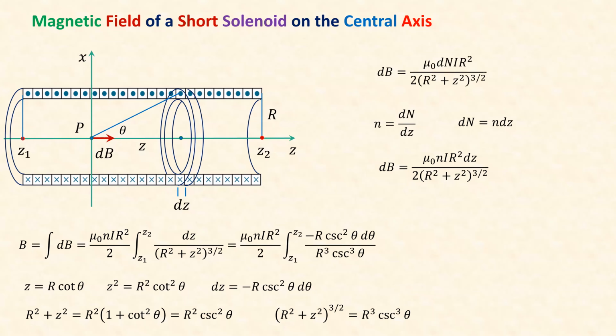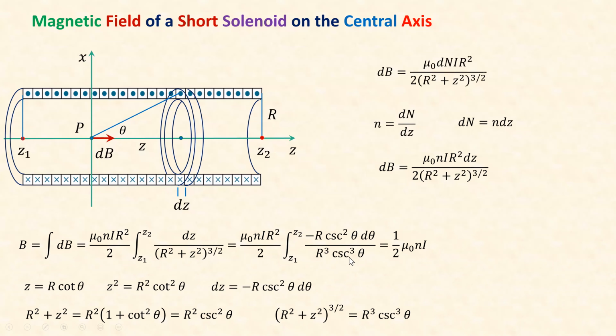Now if we put all of these in the equation, for dz we put negative r cosecant squared theta d theta, and for the denominator we put this. You see cosecant squared cancels, one of the r's cancels, and this cancels the other r. So it becomes one half mu naught n i, r squared cancels, all of the r's cancel.